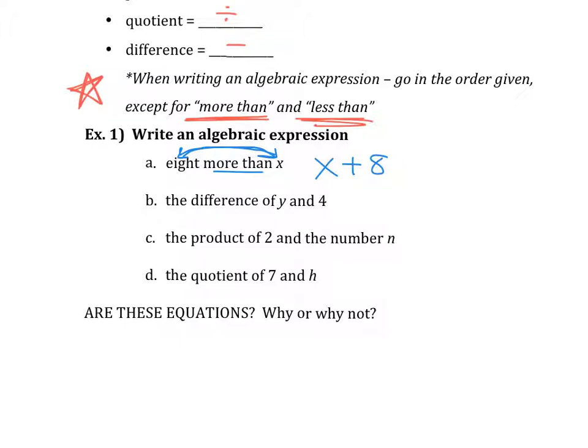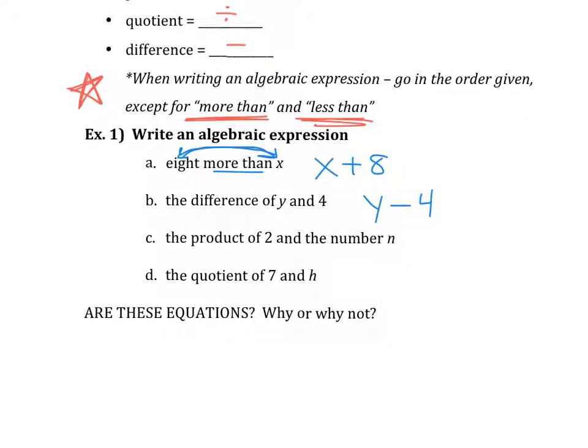What if I said the difference of y and 4? Notice I didn't say less than. I said the difference. Do you put those in order or do you flip them? You put them in the order given. So the difference of y and 4, you have a y and you have a 4. What is difference telling you? What operation? Subtraction. So you're going to subtract: y minus 4.